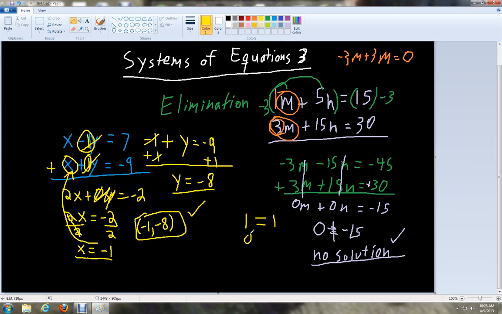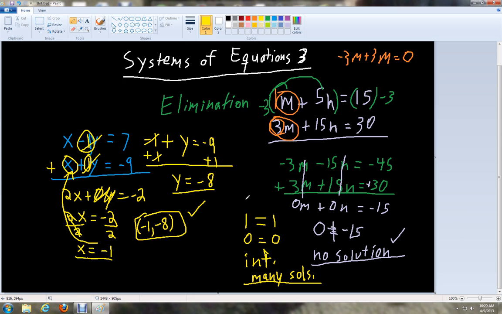Or if you just had 0 equals 0, so the two numbers are the same, then you would actually have infinitely many solutions for this system, because this is called an identity equation, where the two values on both sides of the equation are the same. So this would be infinitely many solutions.